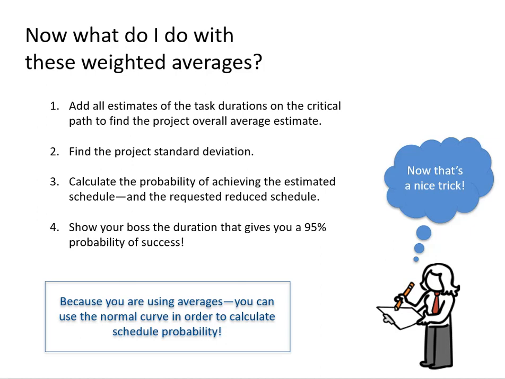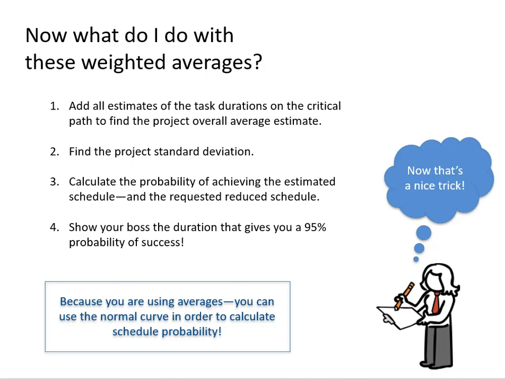Because there's a project mean and all of these are created through 3-point estimates and weighted averages, you can also find the project standard deviation. And if you have a mean and a standard deviation, you can calculate the probability of achieving the estimated schedule. And you can show what duration gives a 95% probability of success.